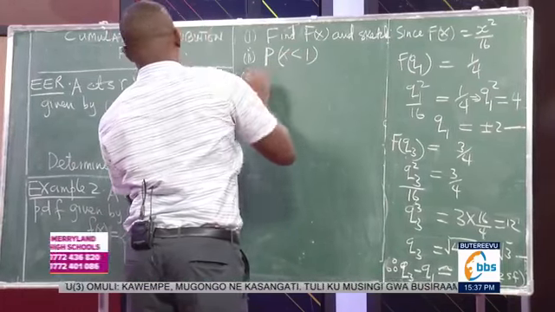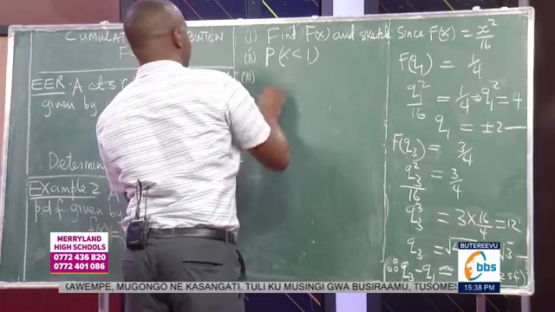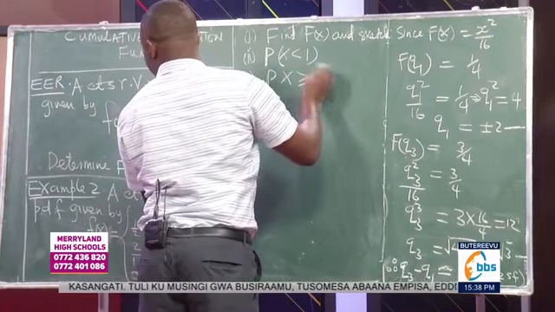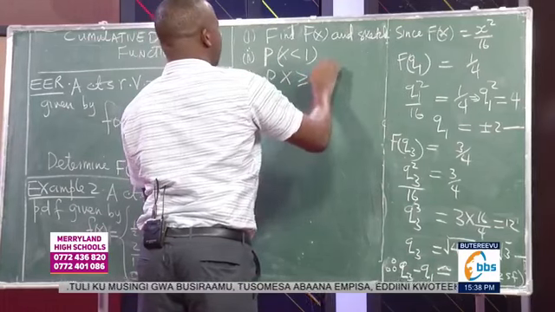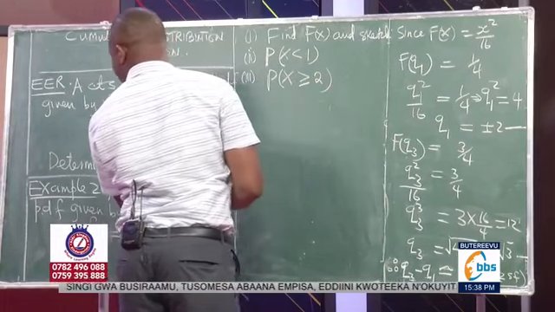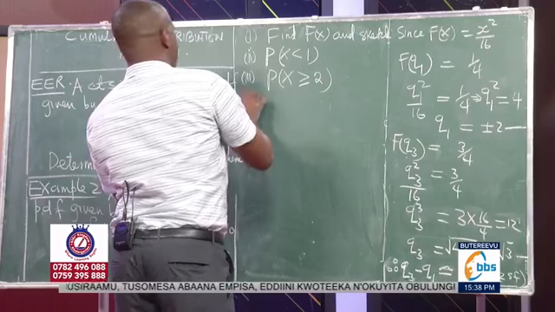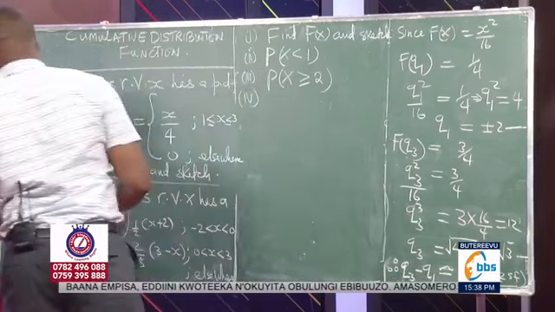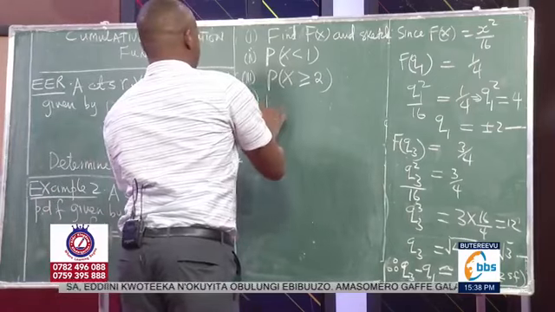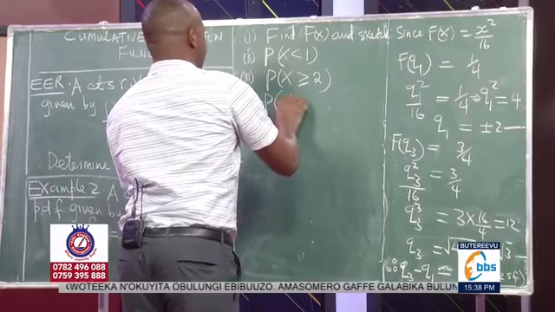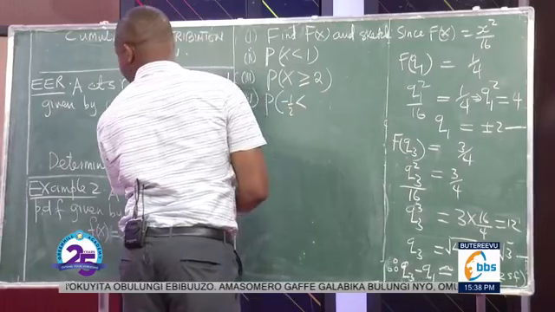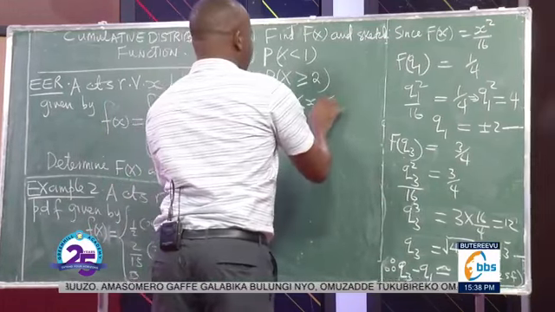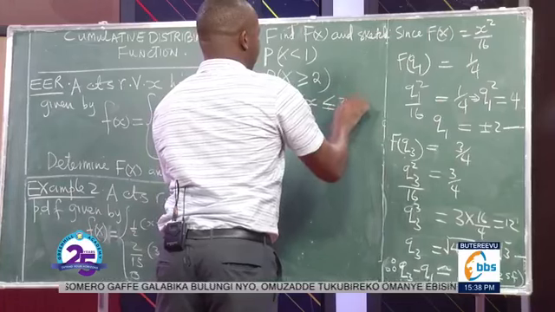Part 3, they want us to find the probability that x is greater or equal to 2. And part 4, they want us to find the probability that negative 1/2 is less or equal to x and less or equal to 2.5.